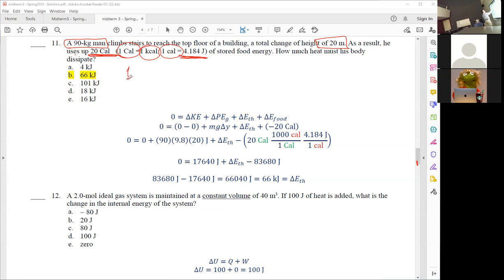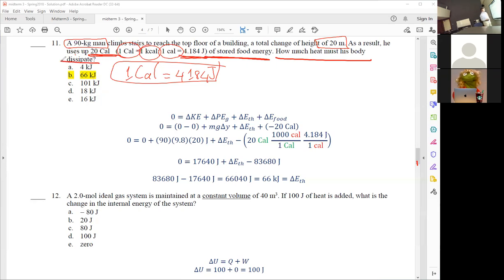For short, you can say 1 kilocalorie is 4,184 joules, just to keep it short. Now here, he uses 20 kilocalories of stored food energy. Sorry, I forgot to mention that. How much heat must his body dissipate?